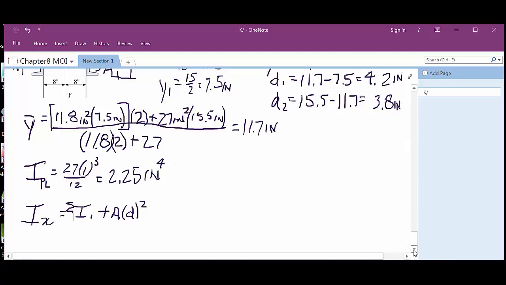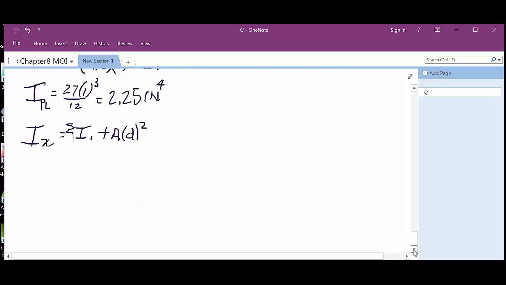So we'll say the moment of inertia on the x-axis for this whole problem is the summation: I plate plus 2 times the moment of inertia for the C channel, which was 348.